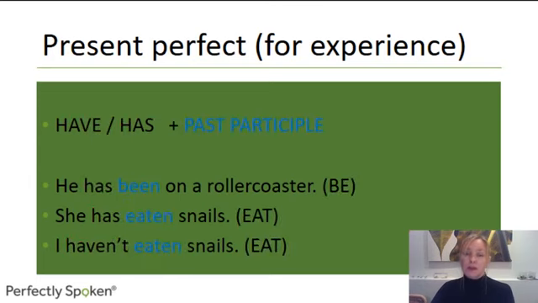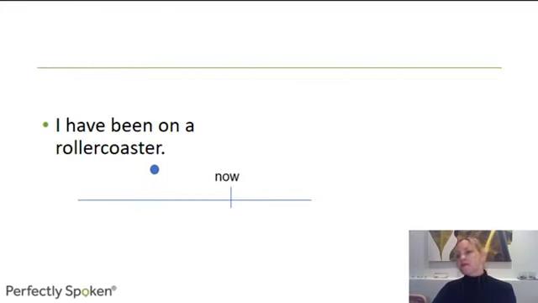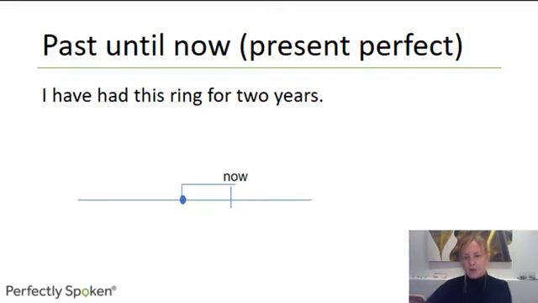And I've put the infinitive at the end for you as well. Okay, so we've got I have been on a roller coaster. This is an example of present perfect for experience. You don't know when. It's just at some point in your life.